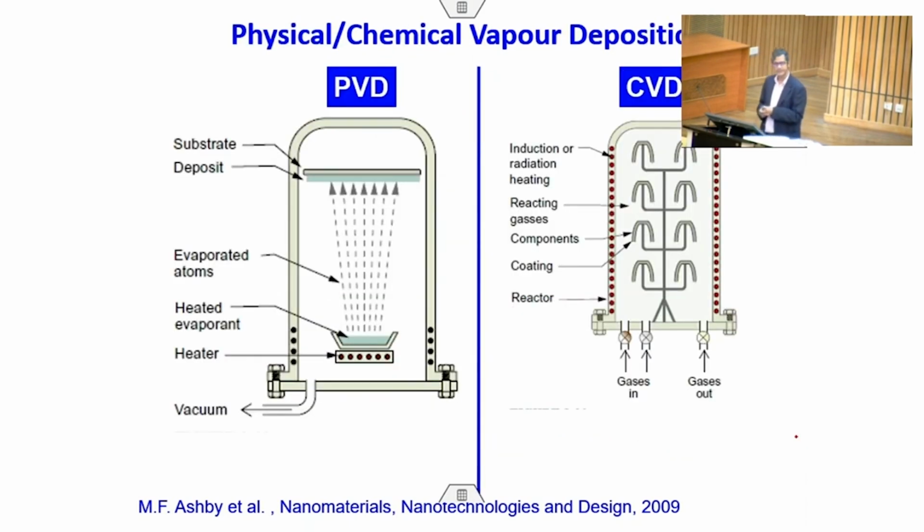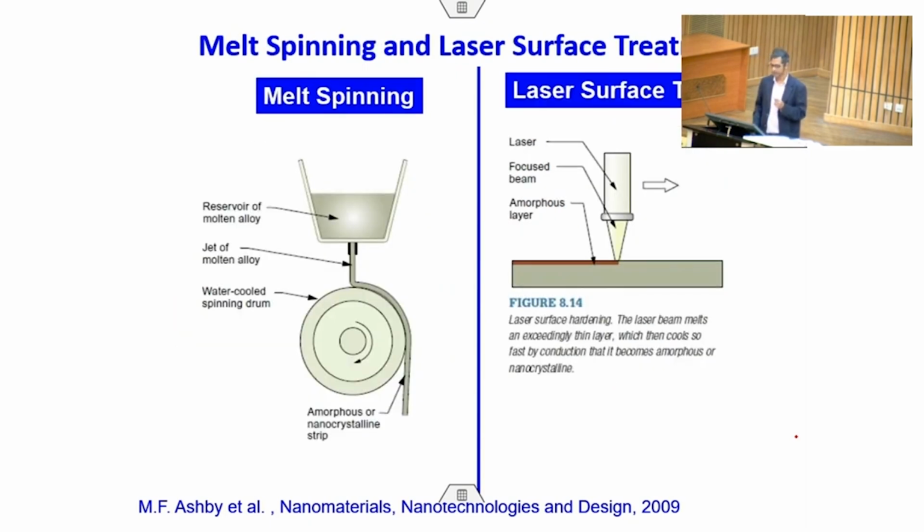You can use PVD or CVD, physical and chemical vapor deposition, to create thin films, which will have nanocrystalline grains with thickness in the nanocrystalline regime. So, it is possible to prepare many 2D nanomaterials. In terms of 3D, you can always use melting routes like melt spinning or laser surface treatment.